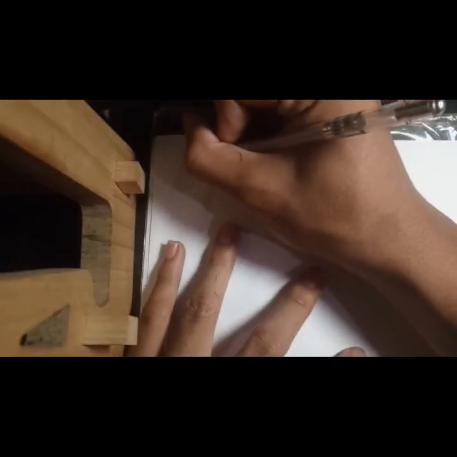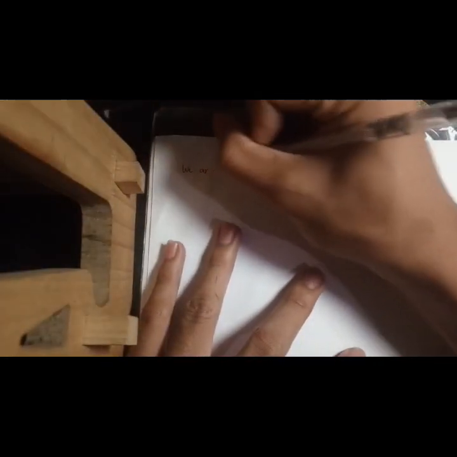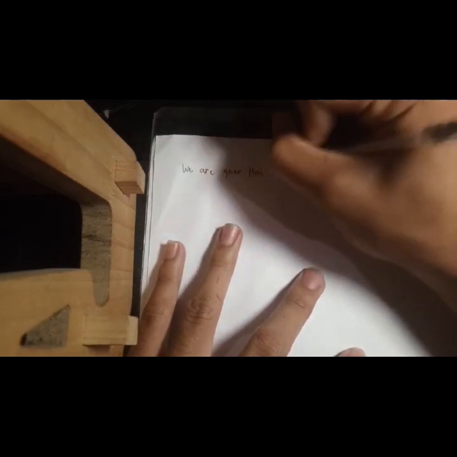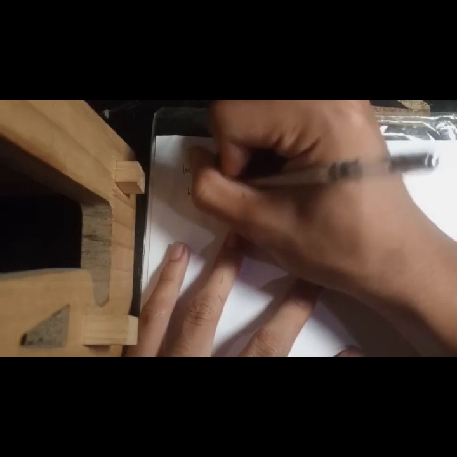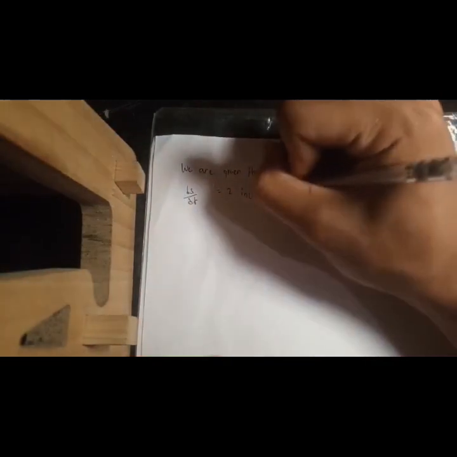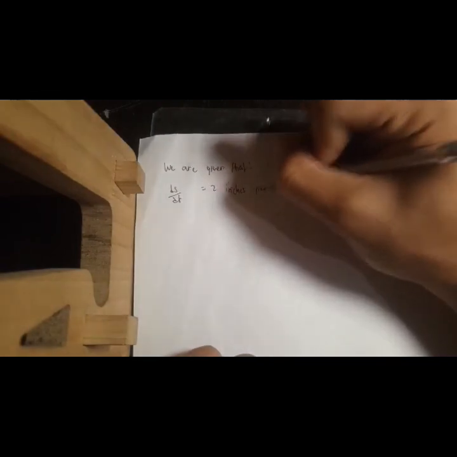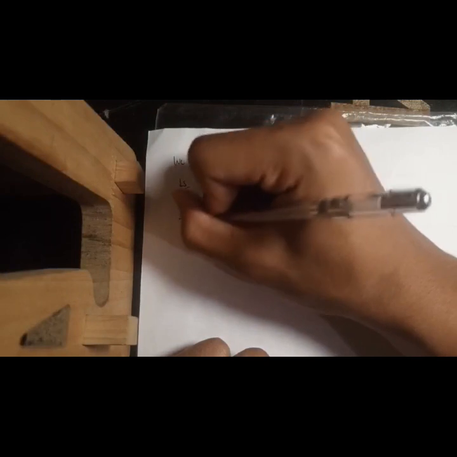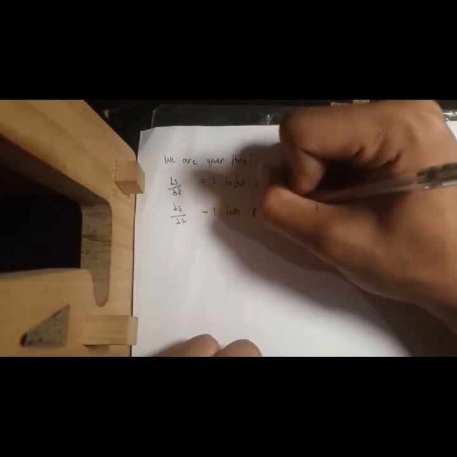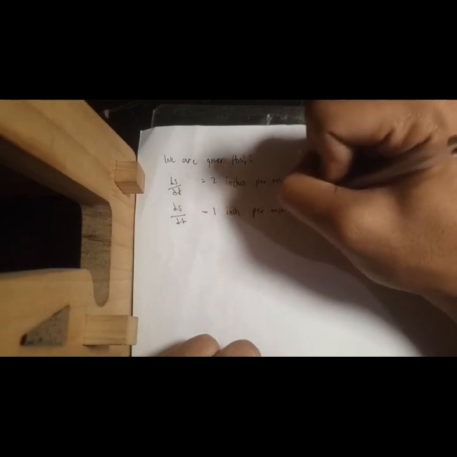So we are given that ds over dt is equal to 2 inches per minute, and the other ds over dt is equal to 1 inch per minute.